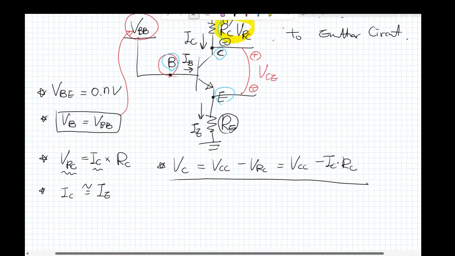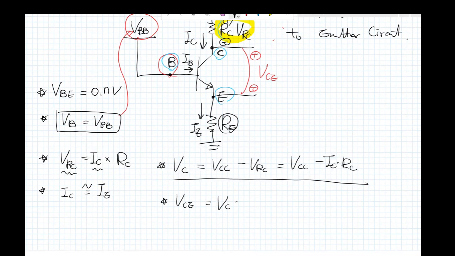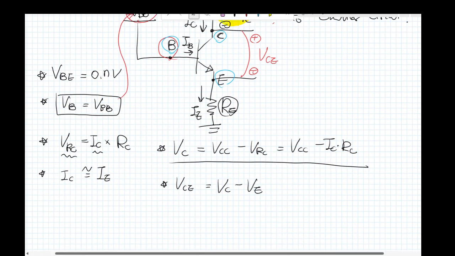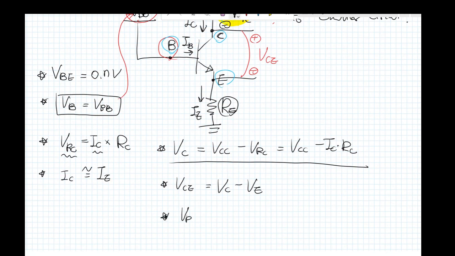And then V sub CE is equal to V sub C minus V sub E. Okay. And then what is V sub E? It is very simple. V sub E is V sub B minus V sub BE.